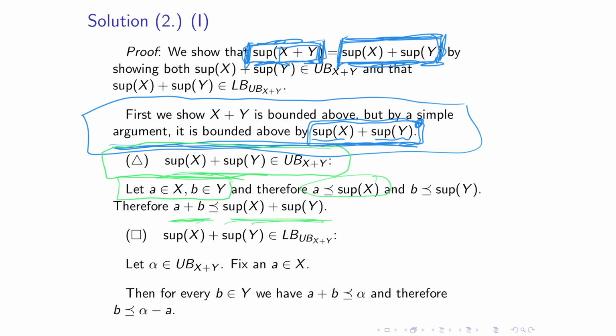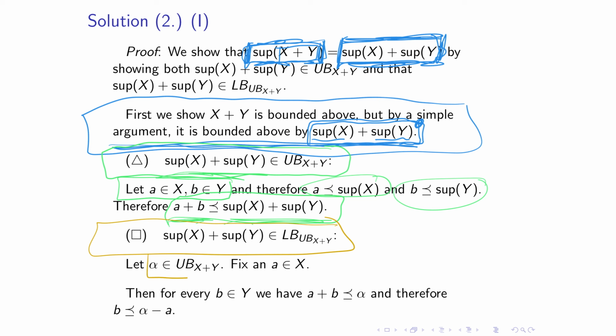Well, certainly, since we know that a ≤ sup x and b ≤ sup y, when we add these together, we get exactly the inequality that we're trying to accomplish. And so that is done. We know that sup x plus sup y is an upper bound on the set x plus y. Okay, moving on, we'll show that sup x plus sup y is a lower bound on the set of upper bounds of x plus y.